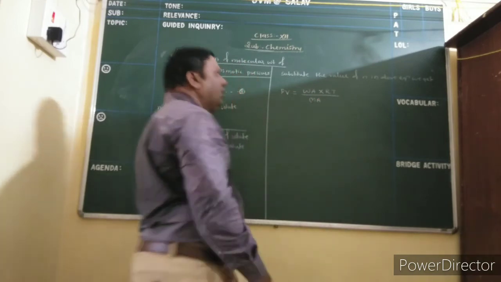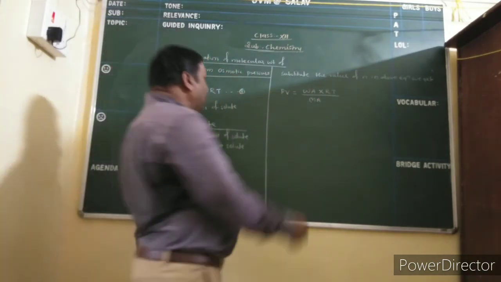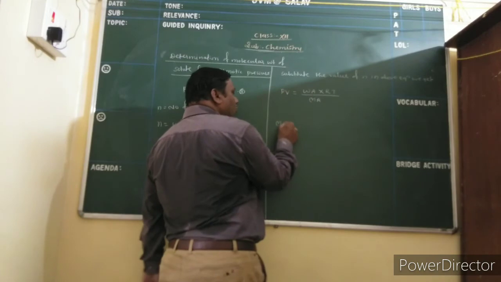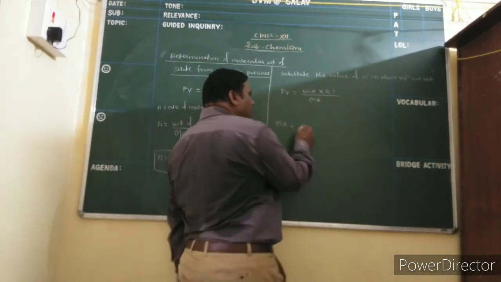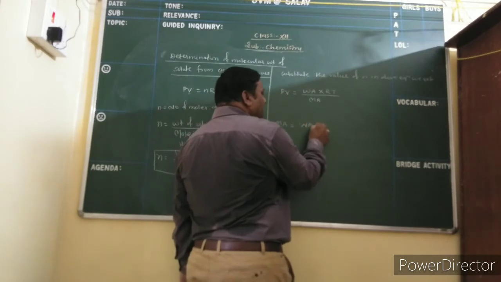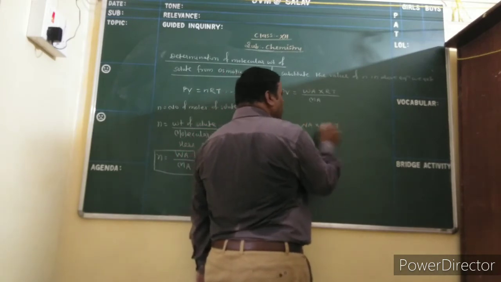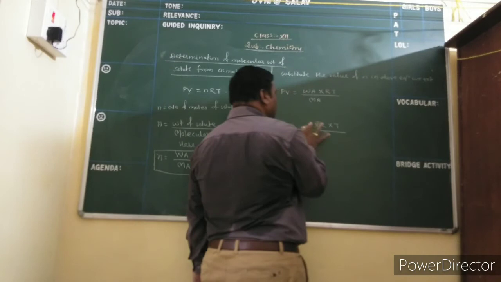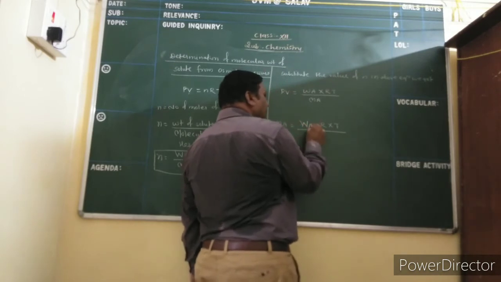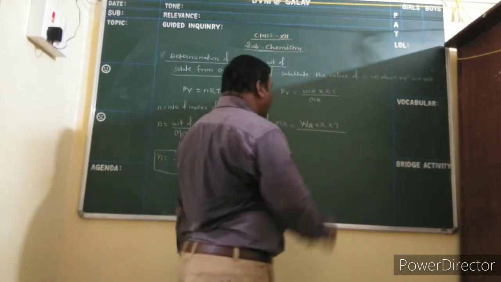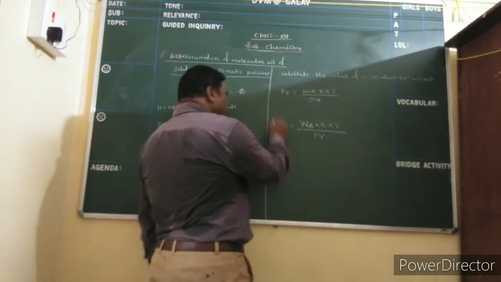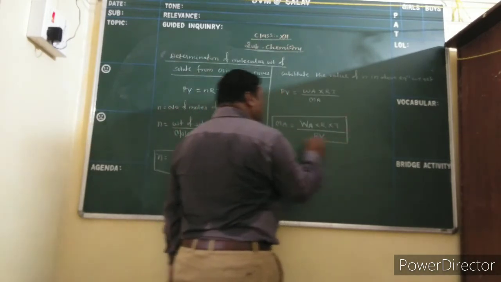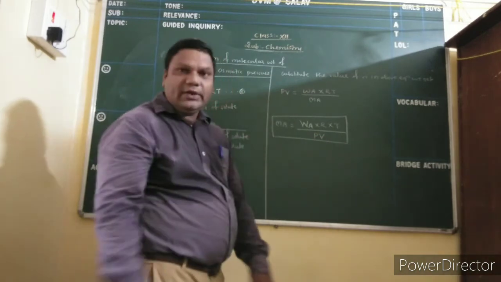Correct? So अभी क्या होगा? अभी आपको MA find out करना है, molecular weight is equal to WA into R into T upon PV. So this equation is applicable to determine the molecular weight of solute.